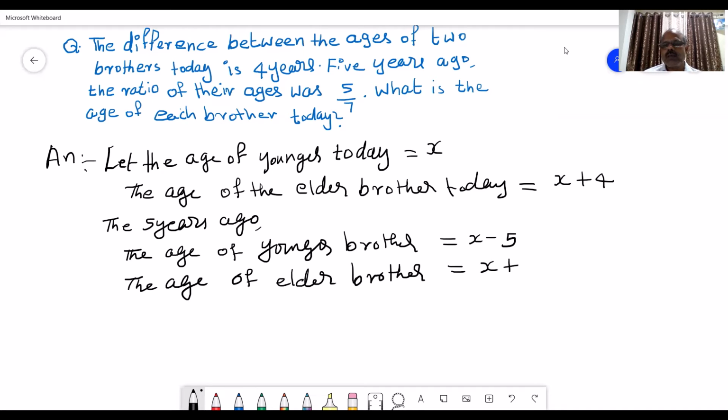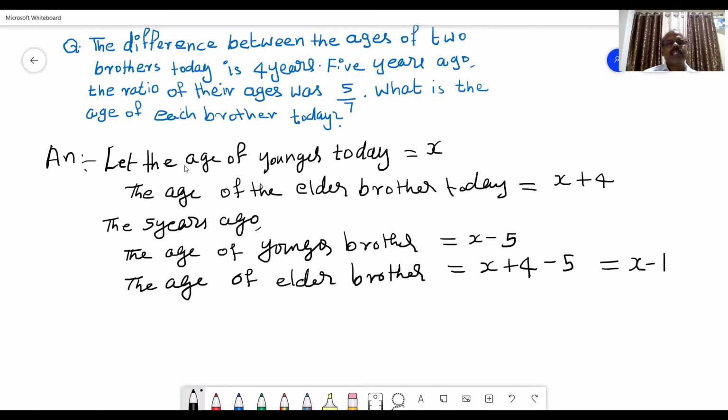Then minus 5 from here, so plus 4 minus 5 is minus 1. That is X minus 1. It means the age of the elder brother before 5 years was X minus 1 and the younger brother X minus 5.